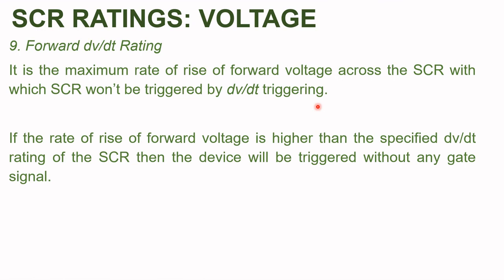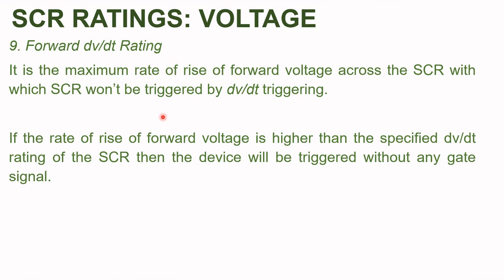So we have to make sure that in our circuit always the rate of rise of forward voltage should be below the forward dV by dt rating of the SCR.